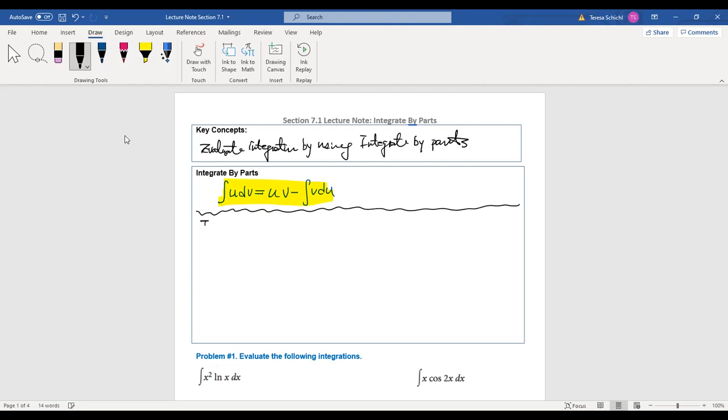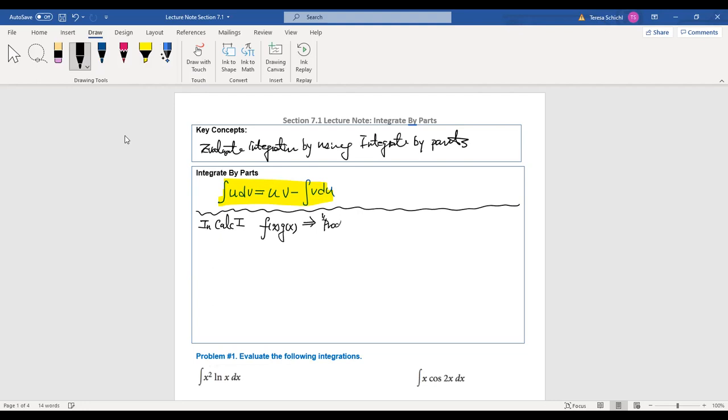In Calculus 1, let's do a brief review. If you have f of x times g of x, and I want to take the derivative of this function, everybody should know by now what rule I'm going to use.